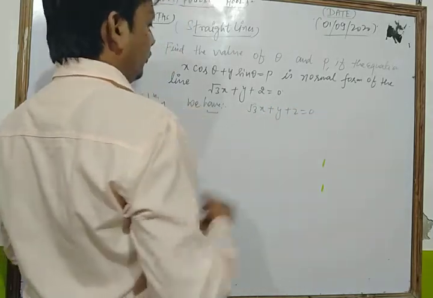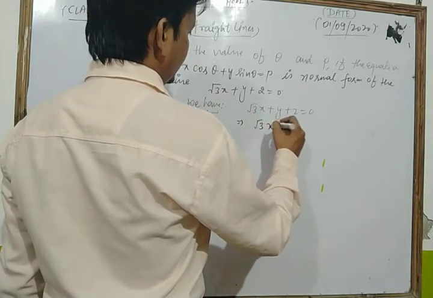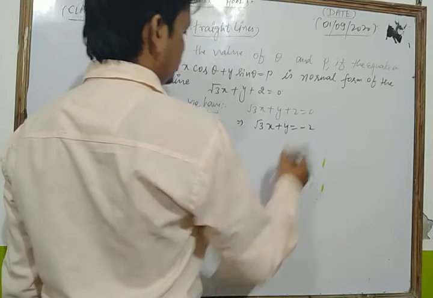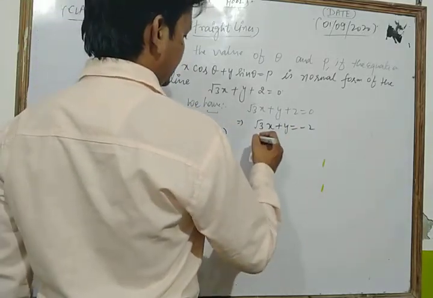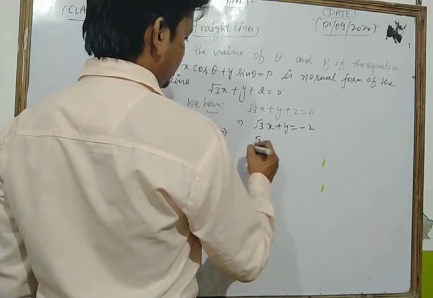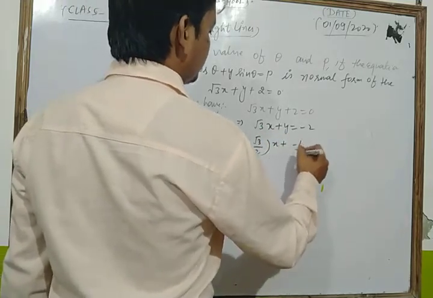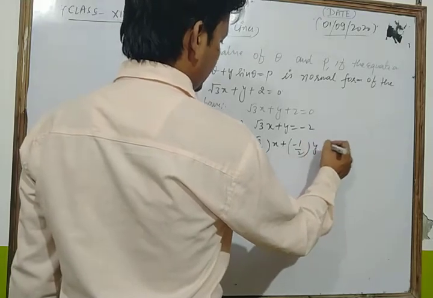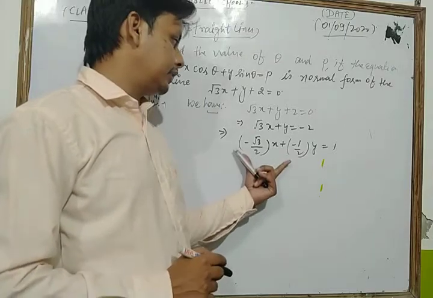Now we write the given equation in this way also. We write root 3x plus y is equal to minus 2. Now look what I do. We write the given equation in that form: (root 3 upon minus 2) x plus (minus 1 upon 2) into y is equal to 1. Look, dear student, we write the given equation in that form.